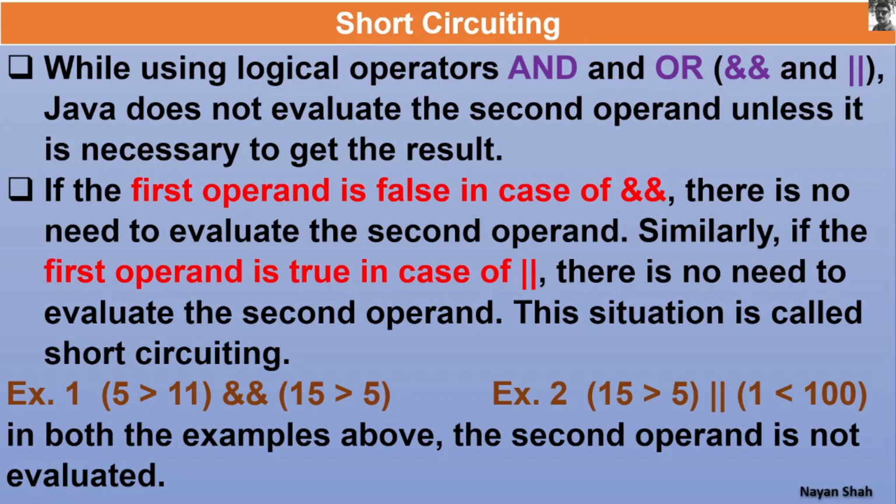Similarly, in case of OR, if I say 15 greater than 5, which is true, then there is no need to evaluate the second condition, because whether the second condition is true or false, it doesn't make any difference. So in both the above examples, the second operand is not evaluated, and that is called short circuiting. This topic is related to logical operators.